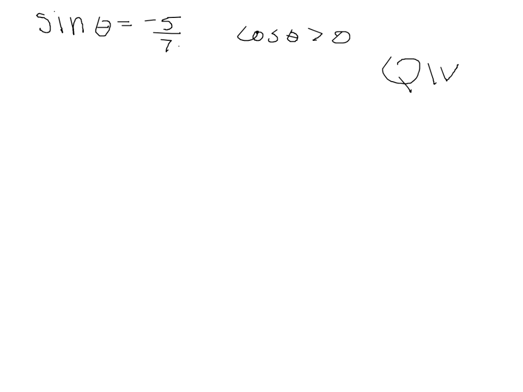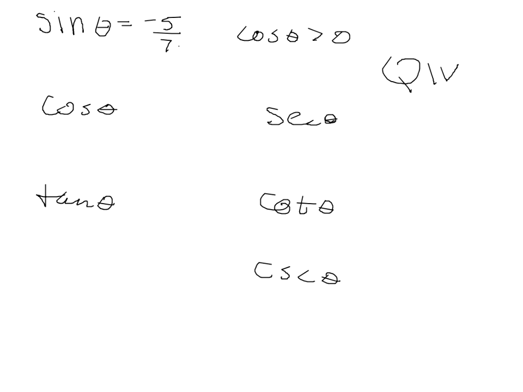Okay, so I have sine. I'm going to need to find cosine, tangent, secant, cotangent, and cosecant. Cosecant is going to be the reciprocal. It always has the same sign.